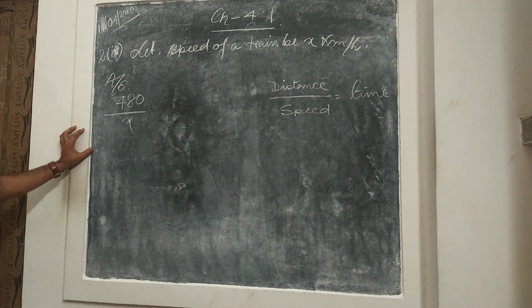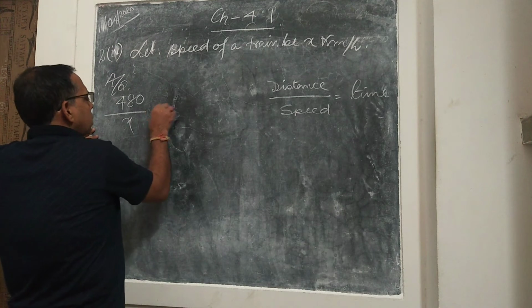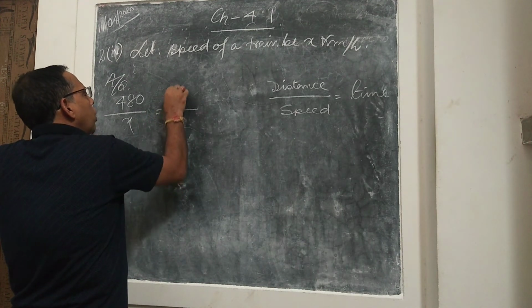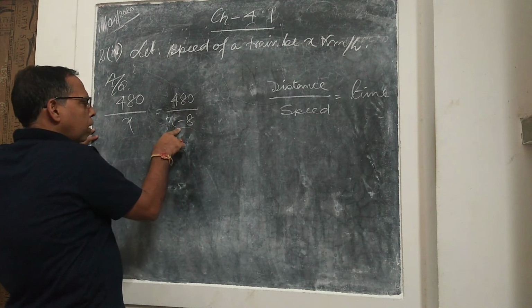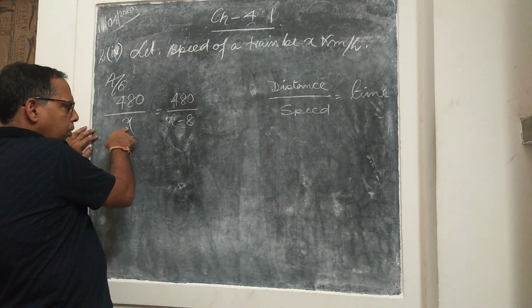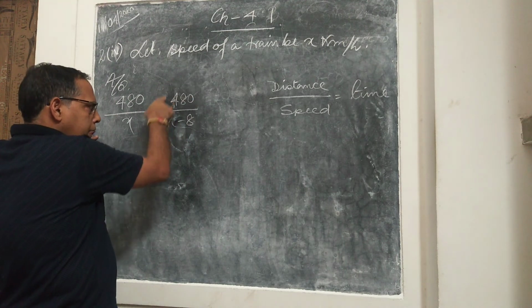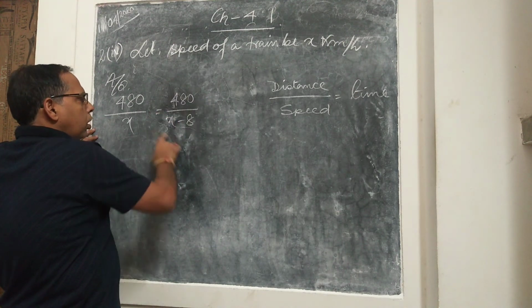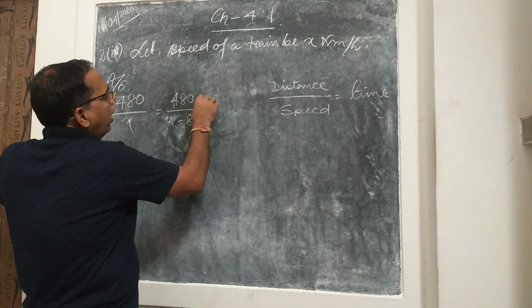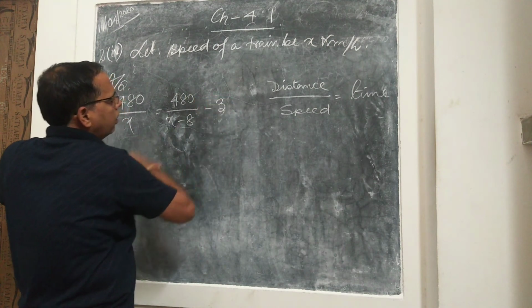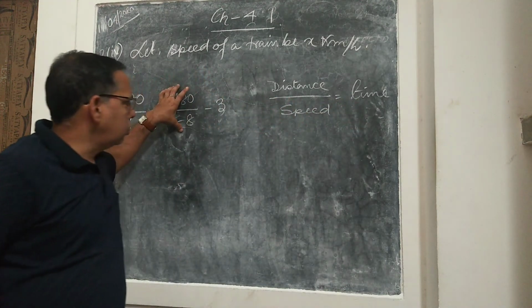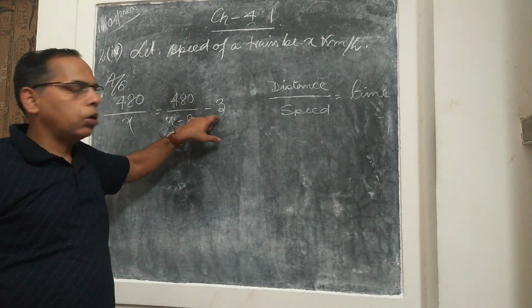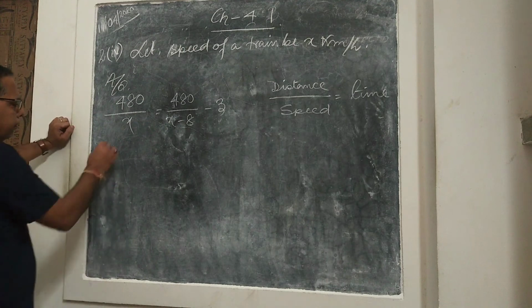Time will be less. Next, 480 by x minus 8. Here the speed is reduced, so this one is bigger than the other, and automatically it will take more time, so minus 3. Because distance divided by speed equals time, this is already in hours. Okay, now solve it.